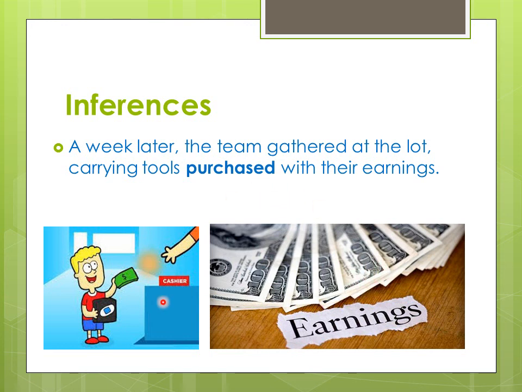When we know that earnings means money, we know that purchased means bought, or to buy something. So here we concluded from the word earnings that purchased, the unfamiliar word, means to buy or bought.